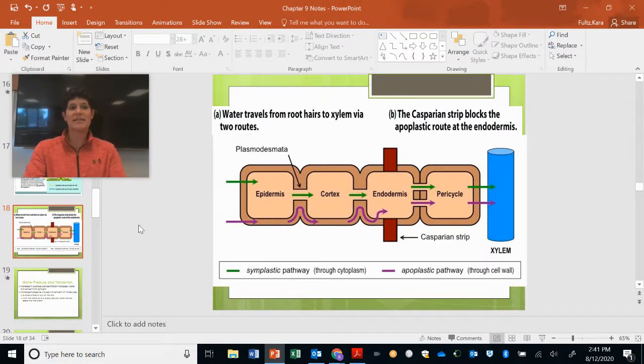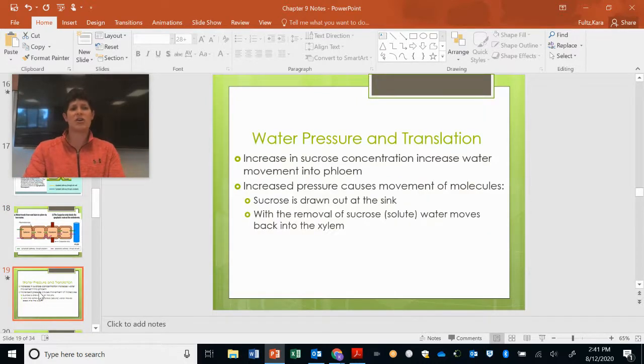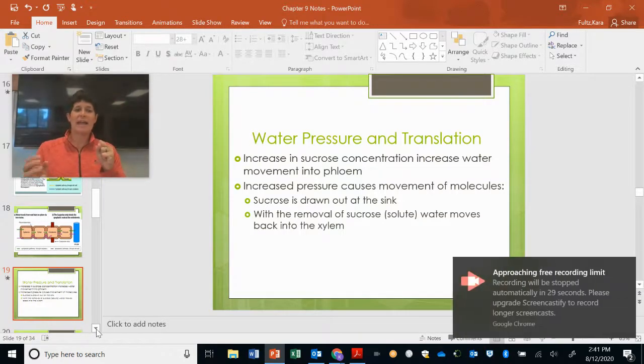So phloem is there for those sugars and starches and different things that are made inside of the plant. And so it's really important that we have quite a bit of water mixed in with that. So the water from the xylem actually moves into the phloem up at the leaves, dilutes it, and then it gets carried down.